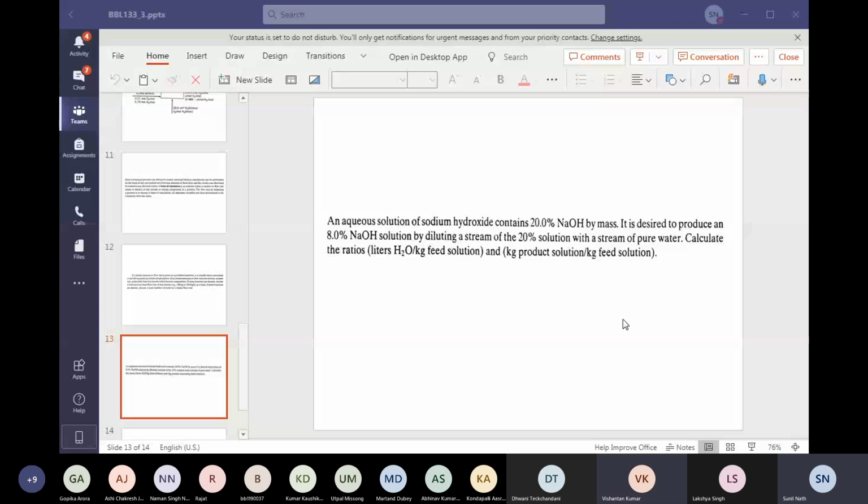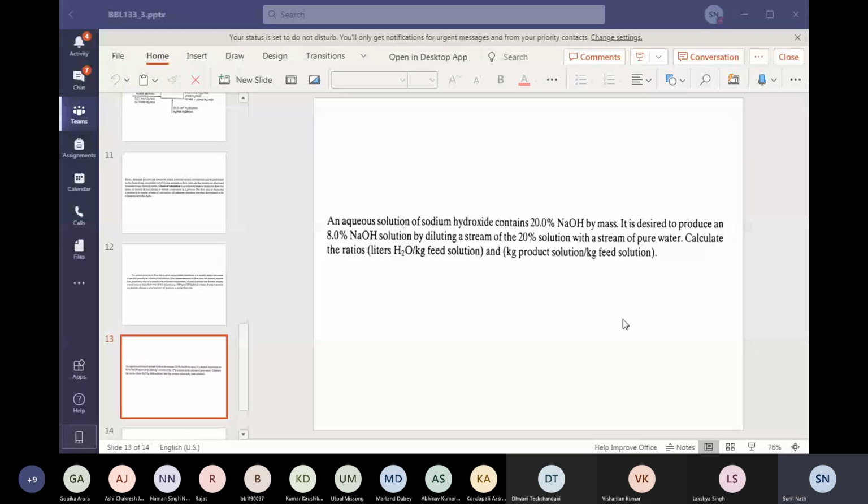But we'll have to take it like kg per hour or grams per hour, right? Because it says diluting the stream of 20% solution, so it's supposed to be a stream. Right. That's a wonderful point, I must admit. Very nice. Good question. So basically, what does that mean?